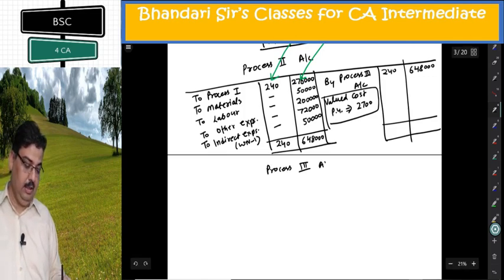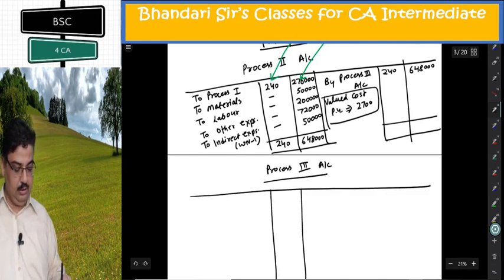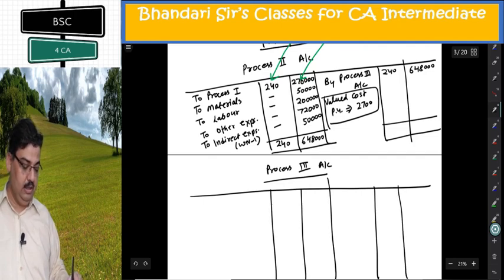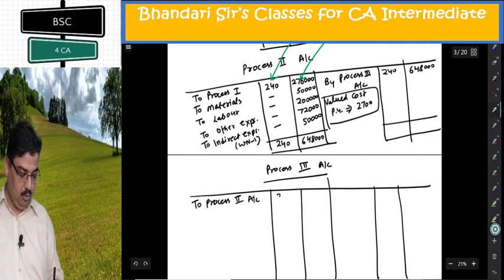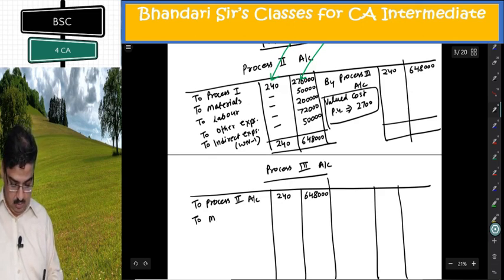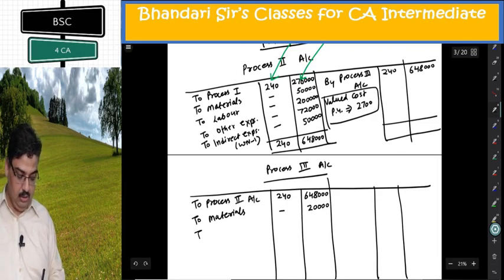Process 3 account. Now the first question of any chapter is always easy. This is in the same category. You must write the headers, debit, credit. I am not writing. To process 2 account, 240 units, 6,48,000 rupees. To materials, nil units, no fresh units introduced, 20,000 cost.